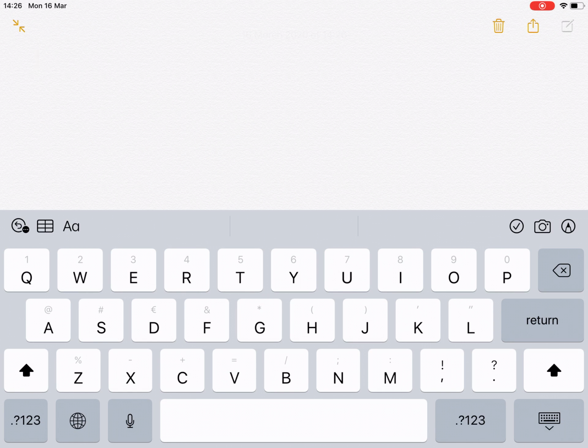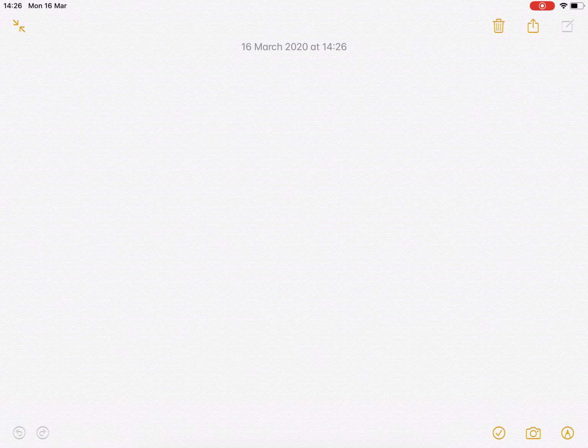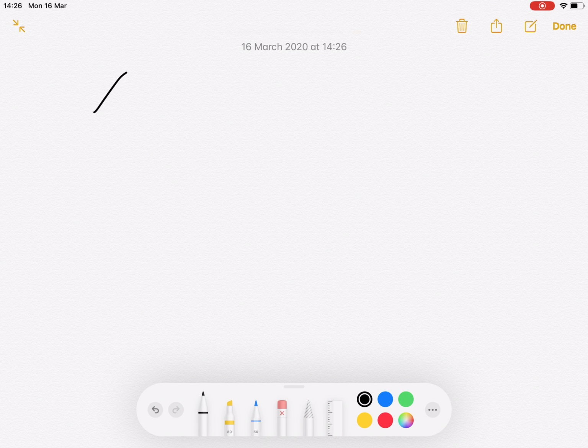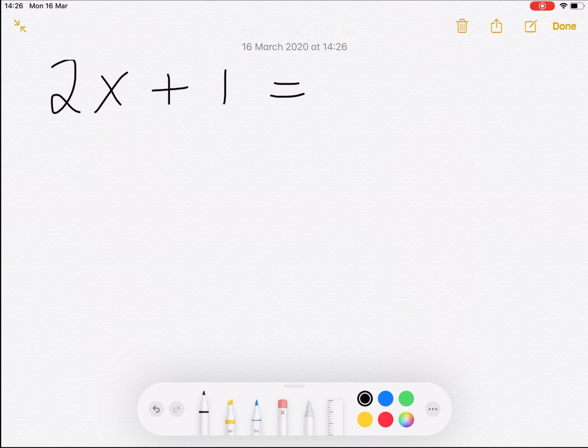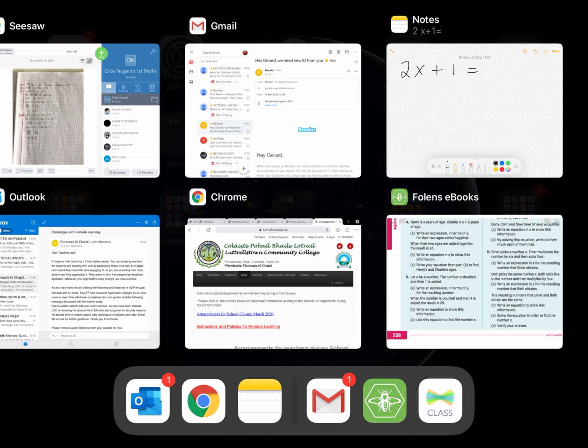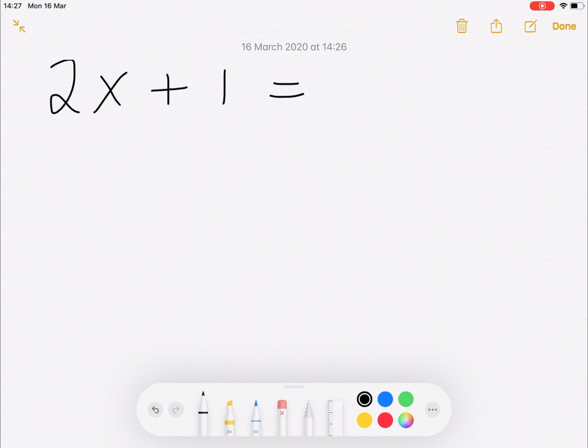So a number is doubled, so the number is going to be x. It's doubled, so it's 2x, and 1 is added, and that's going to be equal to, what did it say in the question? It's going to be equal to 29.